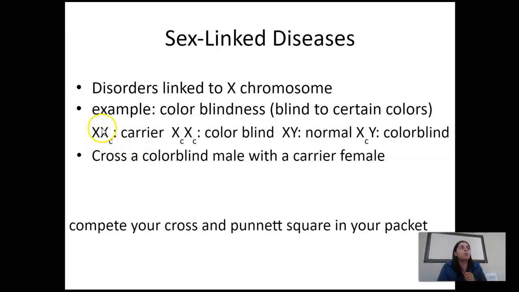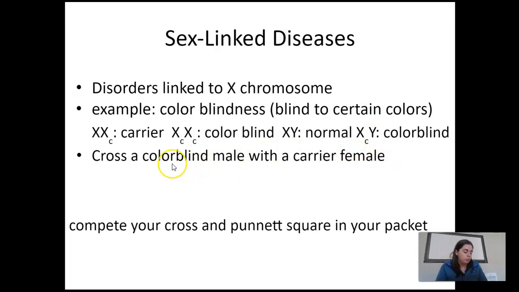A carrier would have one normal X chromosome and then one X chromosome that has the affected gene on it. If you are a colorblind female, you would have to have both X's with the disorder on them. If you're male and you don't have the carrier X, then you are normal. But here's why males unfortunately have it more frequently: they only have one X chromosome. So if their X chromosome has it, they will be colorblind. They'll be affected by it.